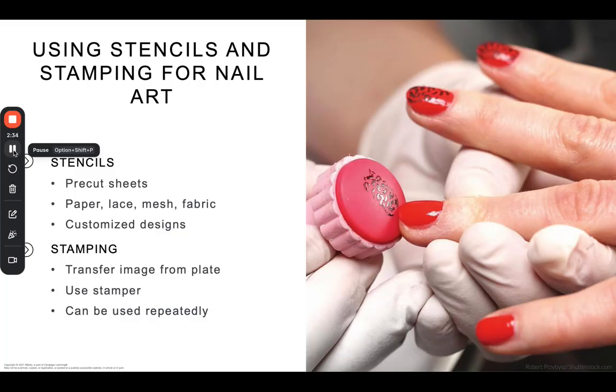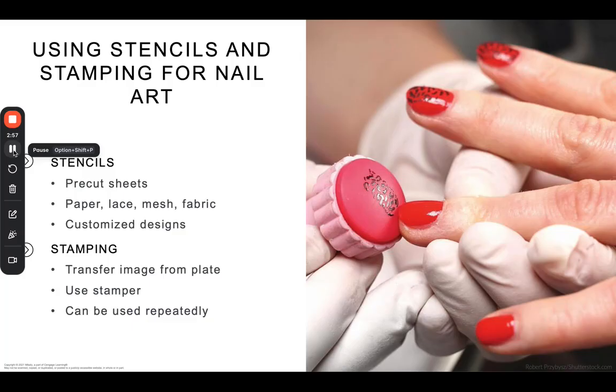When it comes to stamping, that is a method of transferring an image from a stamping plate to the nail. Stamping plates are commonly made of metal, and there are hundreds of laser cut designs to choose from. To make the transfer, first apply a thin coat of polish, gel paint, or pigment onto the stamping plate to fill the design.